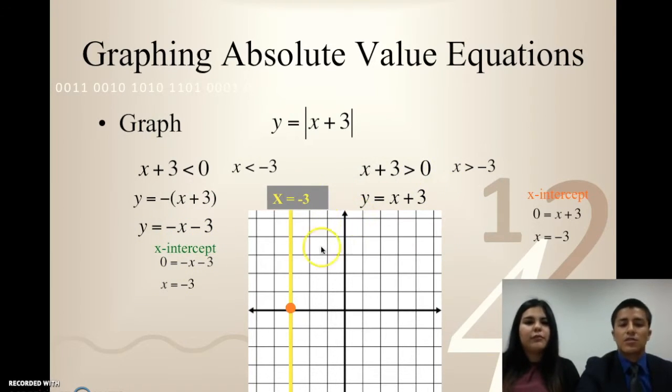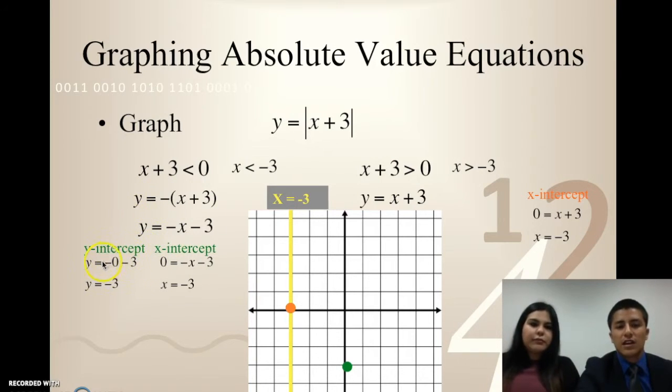So now, to draw the rest of the graph, we want to find the y-intercepts of each of the graphs. We do this by setting x is equal to 0. So by setting x is equal to 0 in this negative graph, we get y is equal to negative 3, or this point down here. And then by setting x is equal to 0 here, we solve and we get y is equal to 3 here.